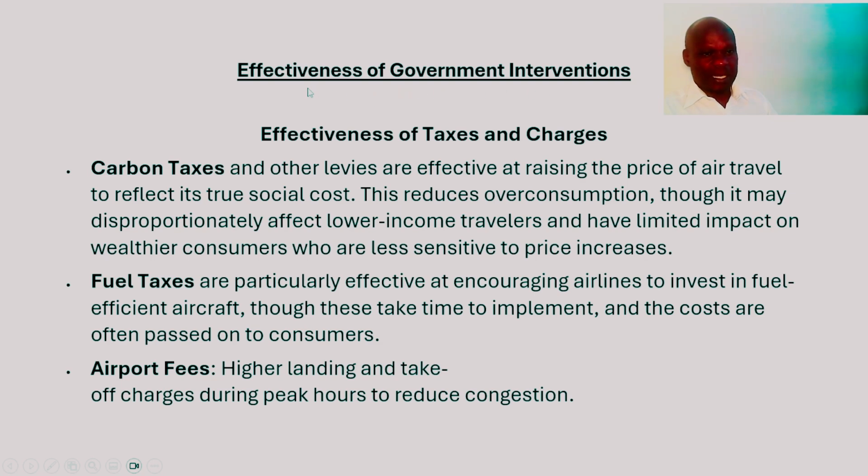So that's another way to assess the effectiveness of intervention. So we are saying that as much as these taxes are appropriate, the wealthy may be immune to such fluctuations in prices and still continue using air travel. But it may lock out the low income travelers.